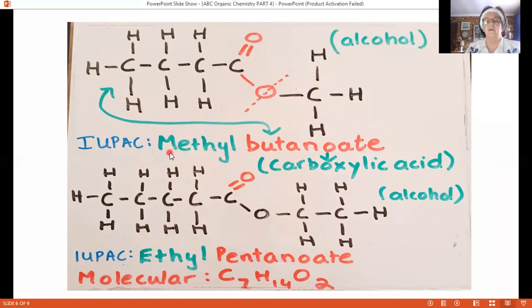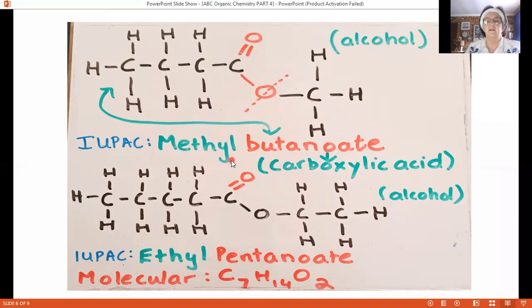But the alcohol, the ol, like I said, becomes yl, so it's methyl. The but here gives the collective suffix of the ester, the oate.